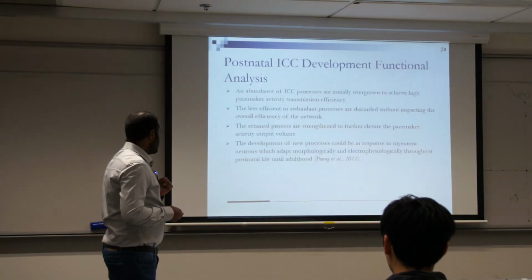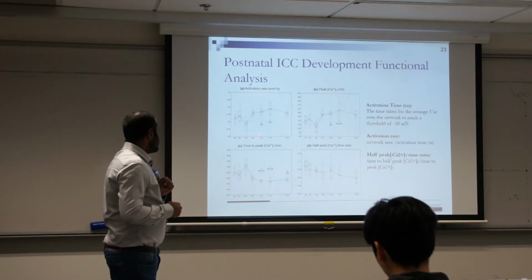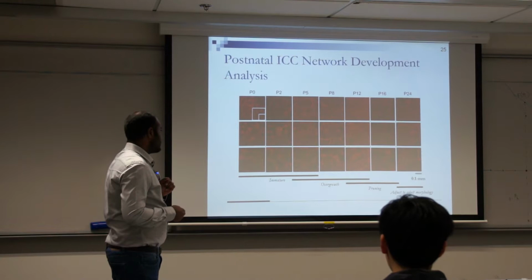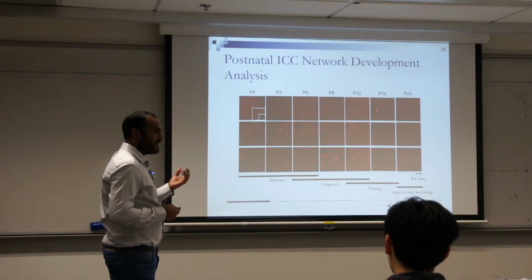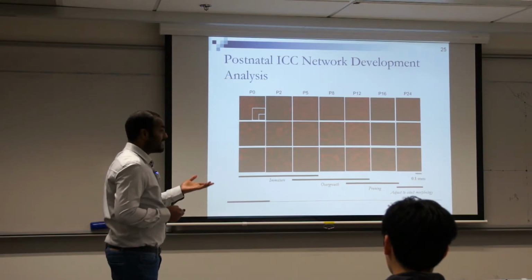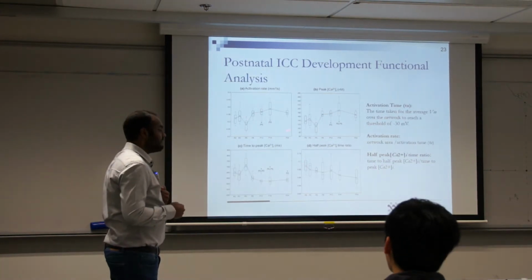Now over here, during P12 and P16, as we had observed, the selective process retains some of the processes while the redundant ones are discarded. So does that have an effect on the total computational efficiency? We didn't find any.